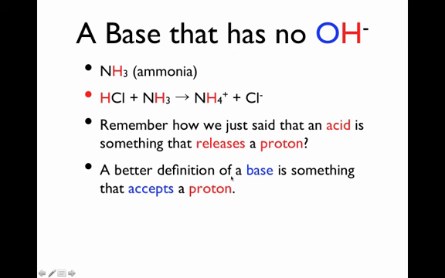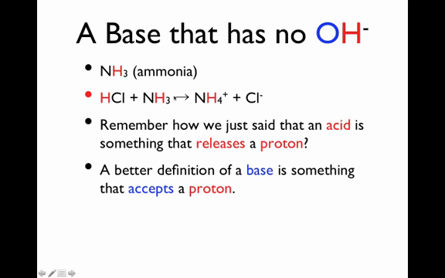But what it does say is, as long as the base or some piece of the base accepts protons or absorbs H pluses, then it's a base. And this stuff over here does that just fine. It accepts or it absorbs protons, if you want to think of this thing as a proton, or you can think of it as accepting or absorbing an H plus.